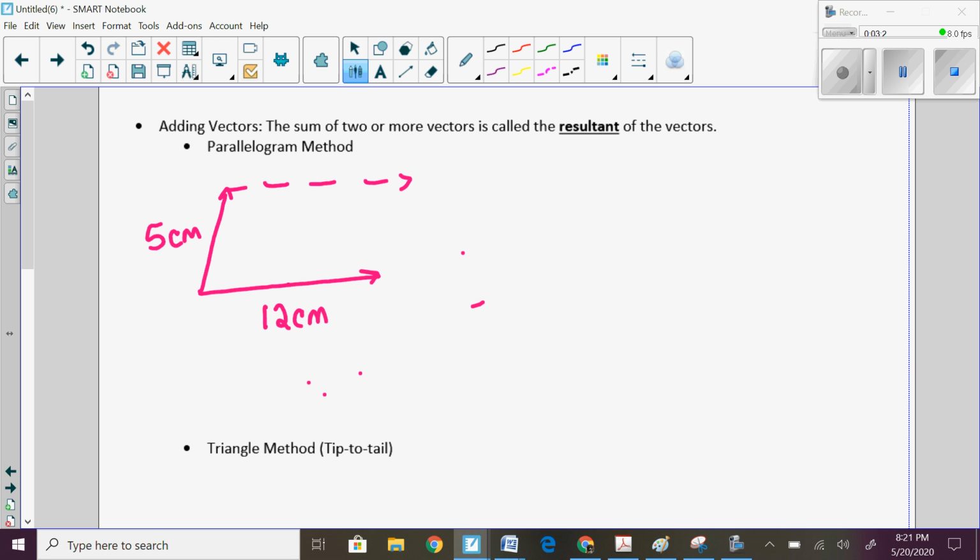So we copy the bottom up here, and we copy the left at the end here. And what we find out is that the resultant is right there. So in other words, if two forces were pushing or pulling on an object, one going this way in a stronger manner than the one going this way, it would actually wind up going in that direction.